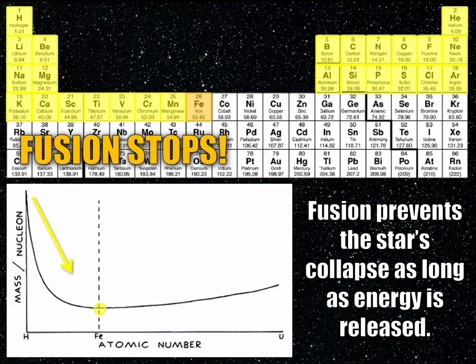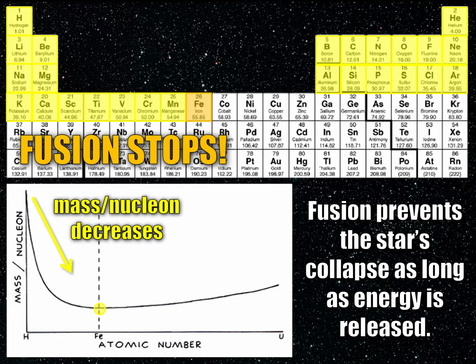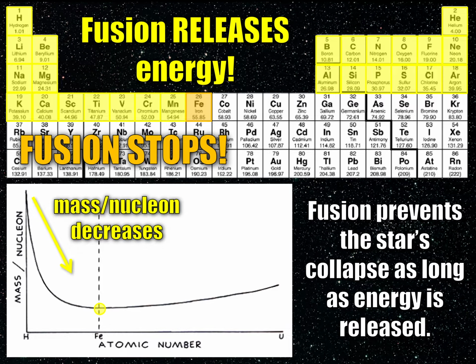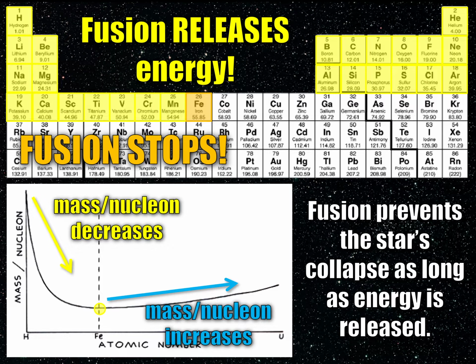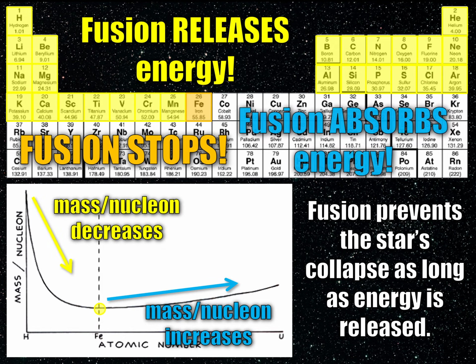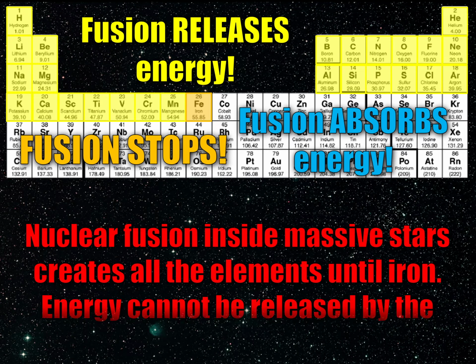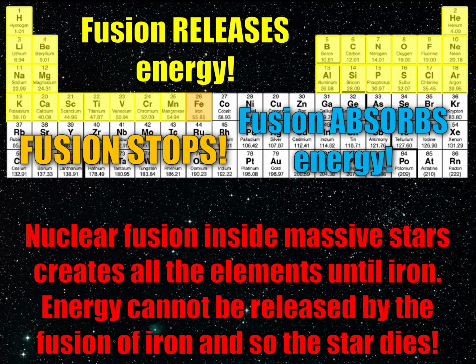But as long as we're less than iron, the star can actually get energy out. When the mass per nucleon decreases, fusion releases energy. But past that point, the mass per nucleon will increase, and so fusion will actually absorb energy. And that's the opposite of what you need for a star to be stable. So once the star hits iron, that's the end of the road.